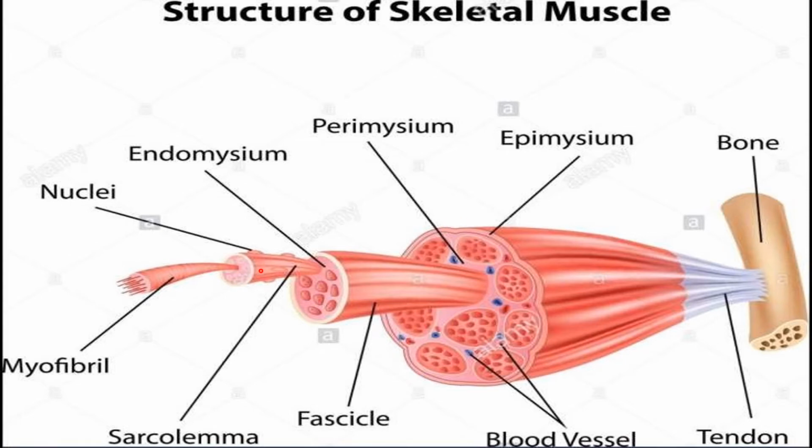Then each muscle fiber is covered by a layer of connective tissue which is called endomysium. Endo means internal. And the plasma membrane of skeletal muscle or any muscle is called the sarcolemma. Sarco means flesh, lemma means layer.